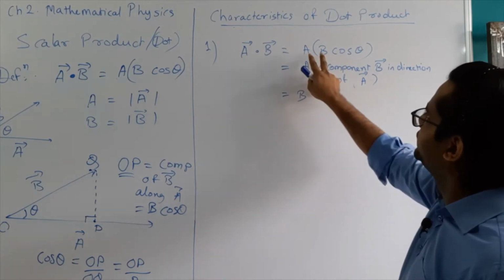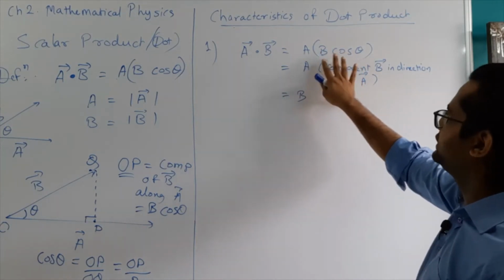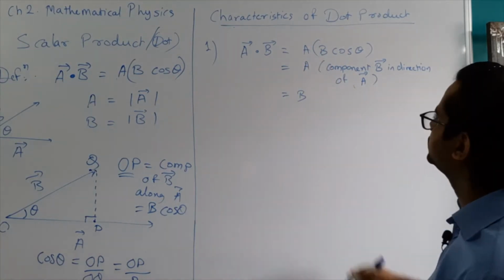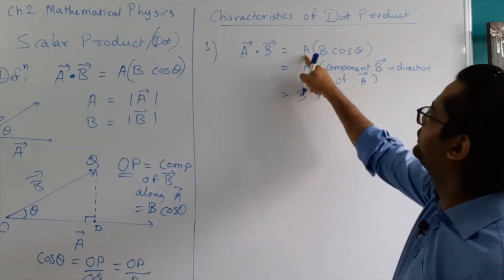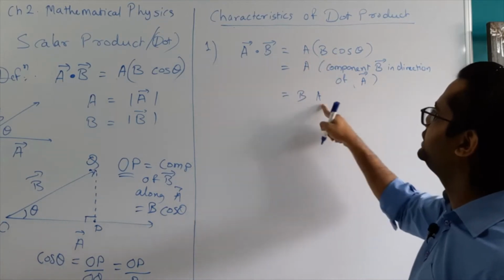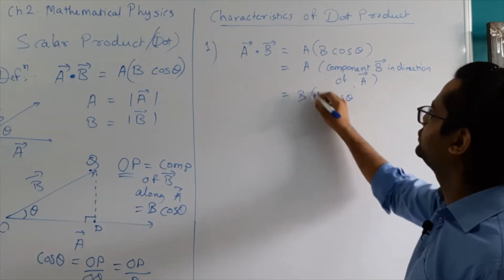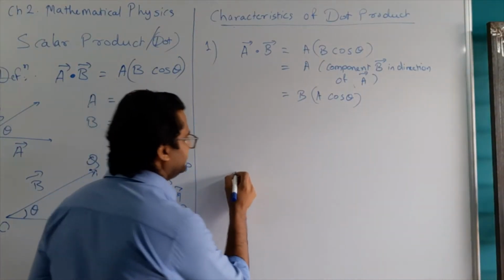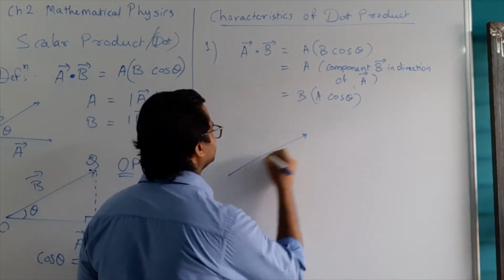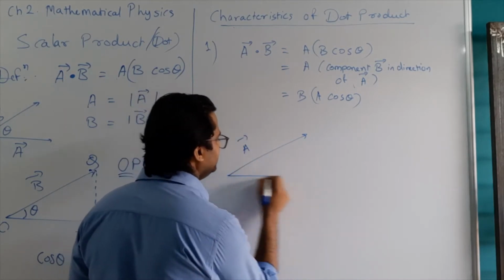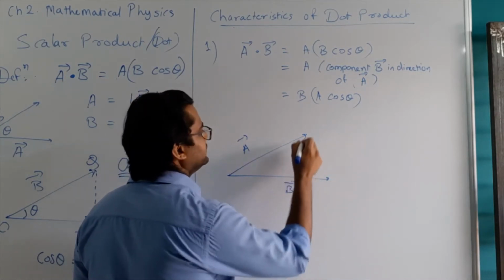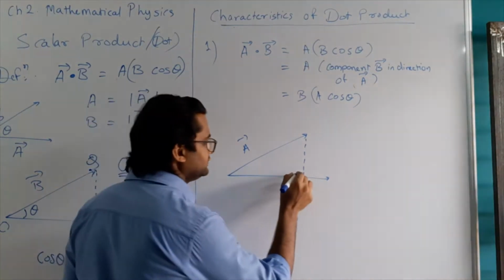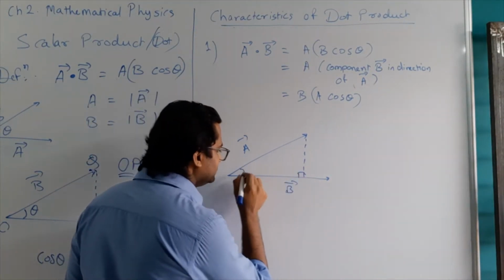Now since these are scalar numbers like 2, 3, 4, we can change the sequence. If I write, instead of AB, BA cos theta, what will be this A cos theta? Let us check with this diagram. If I draw the A vector and B vector, and draw a perpendicular from A vector on B vector, then this angle is theta.